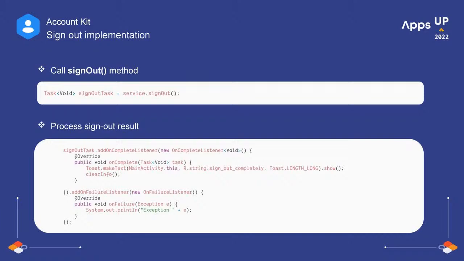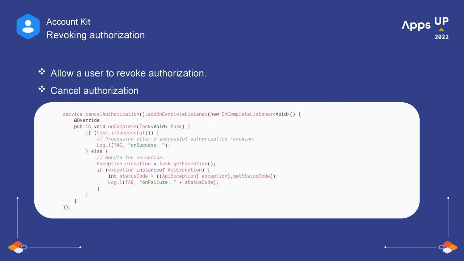This is an asynchronous operation, so you have to set a listener. So we're going to call the method addOnCompleteListener. And then inside of the method onComplete, you're going to just clear any user information that you saved, and you will then redirect the user to the home page or the login page. In our case, we're going to take the user back to the login page.